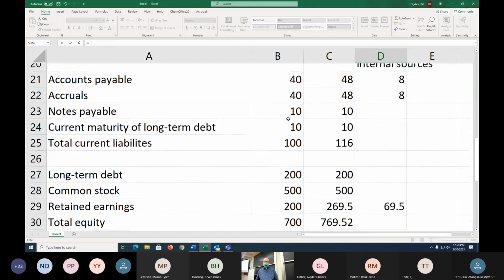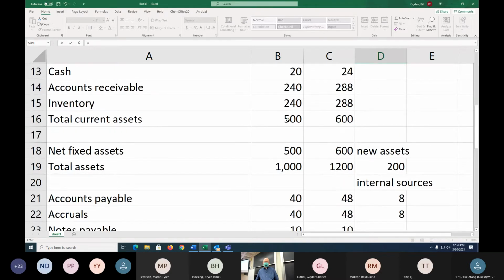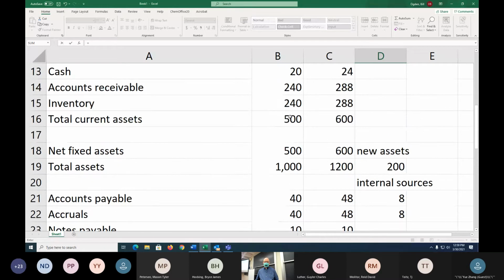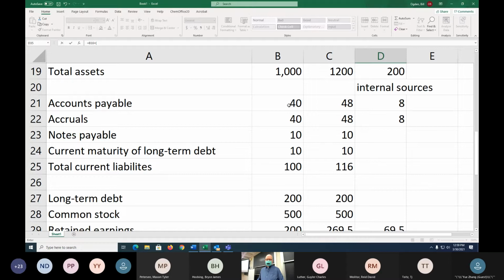Okay, let's come up here. Yeah, it'd be the 500 minus, so minus the 40 plus the 40.